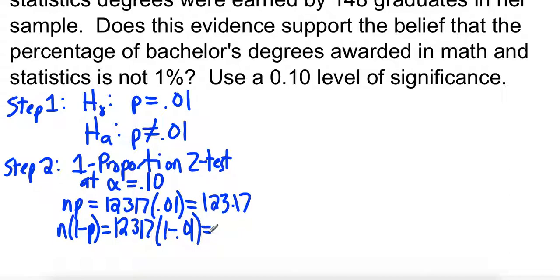And that's going to be also fairly large: 12,193.83. Both these numbers are definitely greater than or equal to 5, which was our condition that needed to be met. So this is okay. She has asked enough people. Her sample size is large enough.